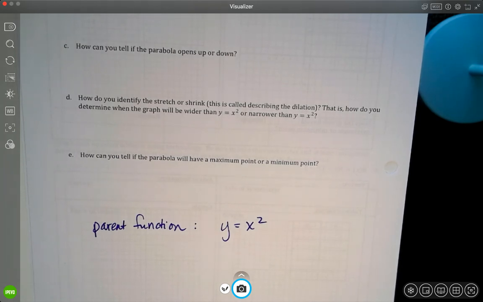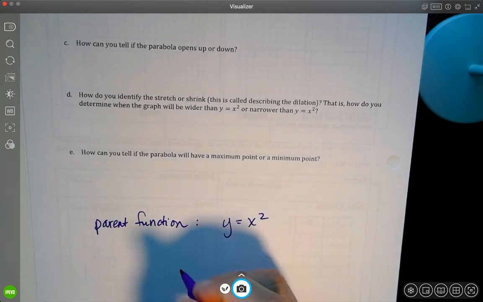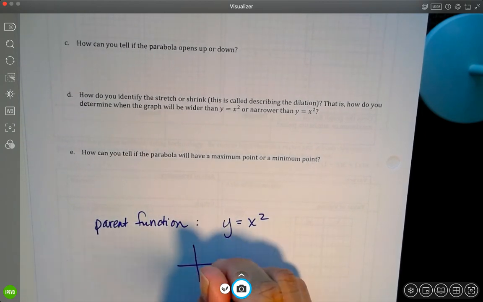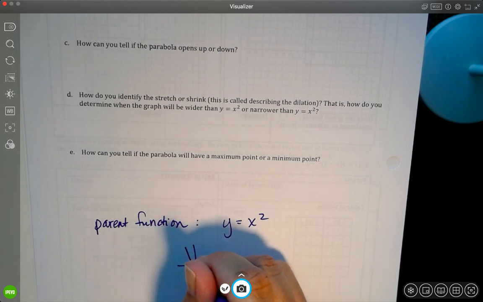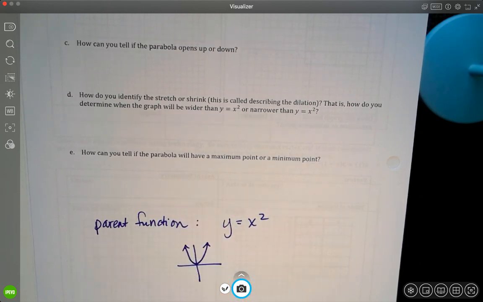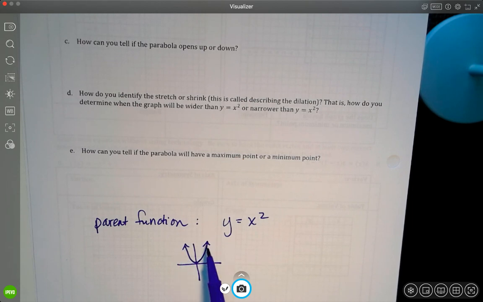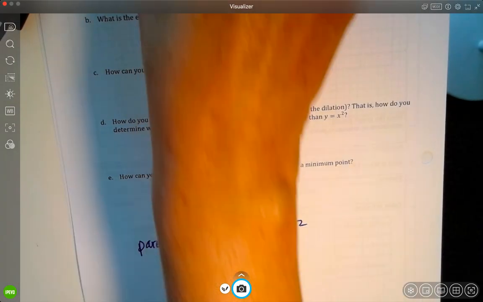The intersection is at 0, 0. And so if you were to sketch it, it would just look something like this. It has a curve going up, opening up. It has the vertex at 0, 0, the origin.